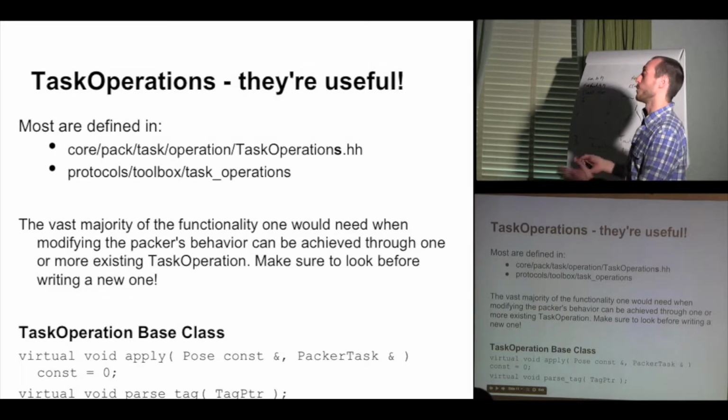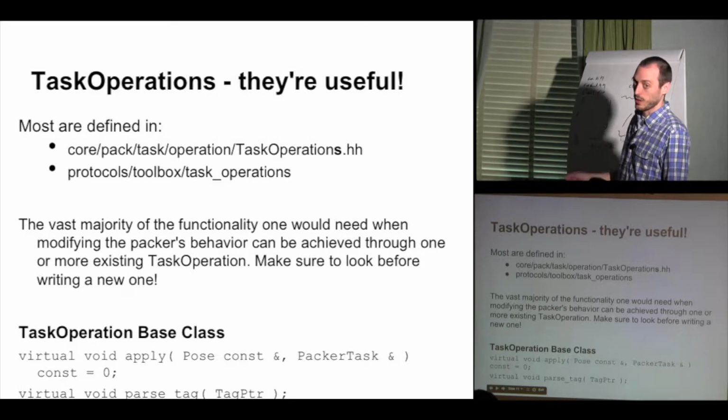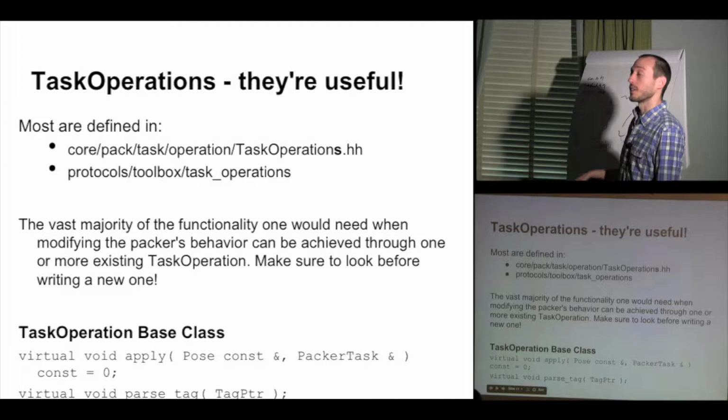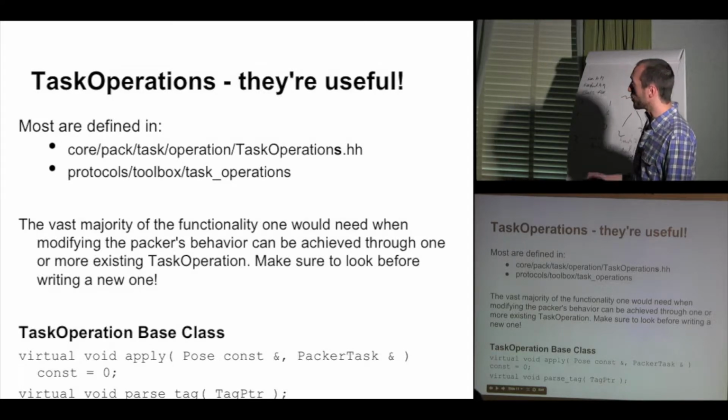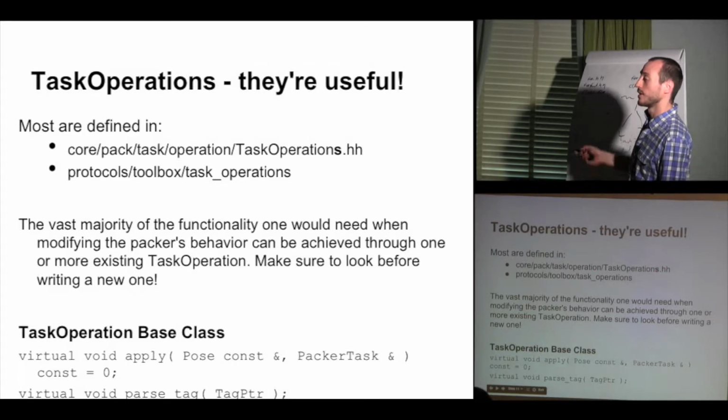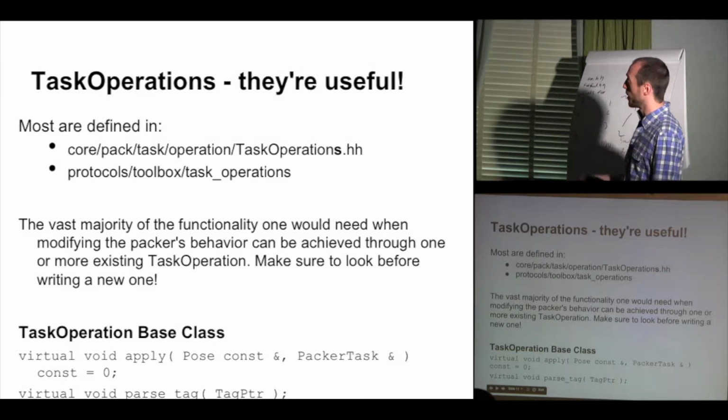So that brings us to some task operations. They're super useful. There's a lot of them. We're going to go through a couple of them just so you really get the idea of what they're doing. Most of them are defined in core PackerTask operation, task operations with an S there. Task operation without the S is the abstract base class. So that's less useful to you, although still useful.